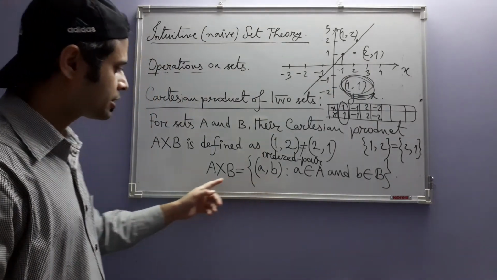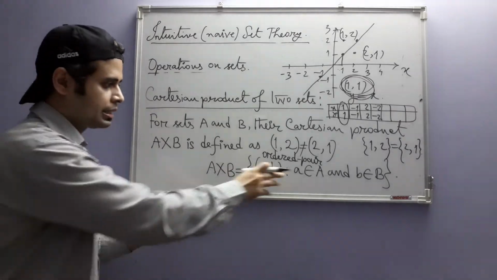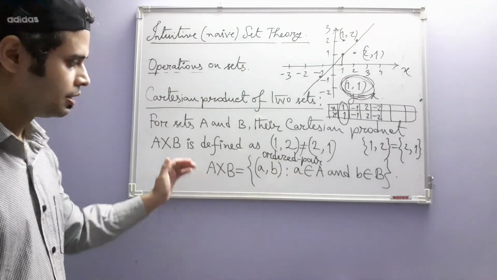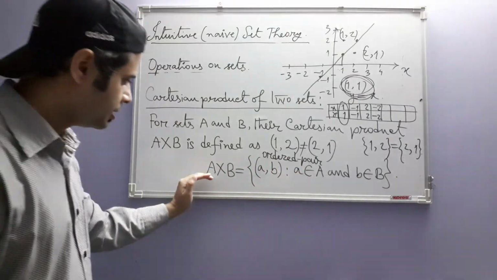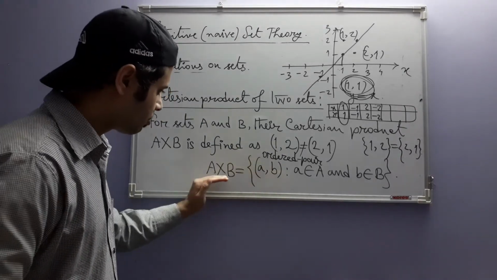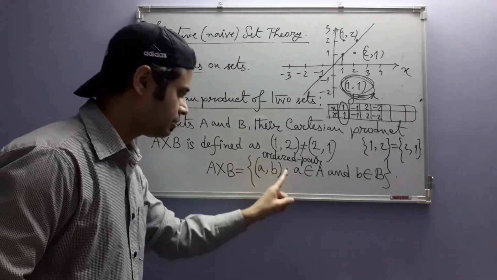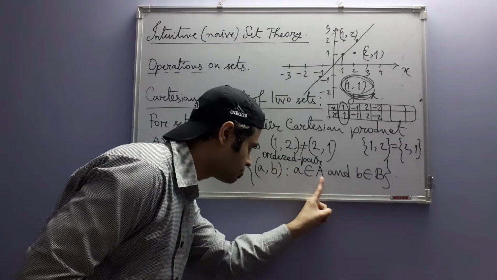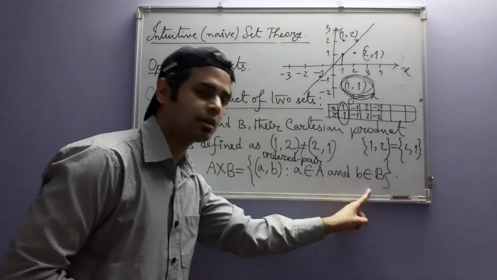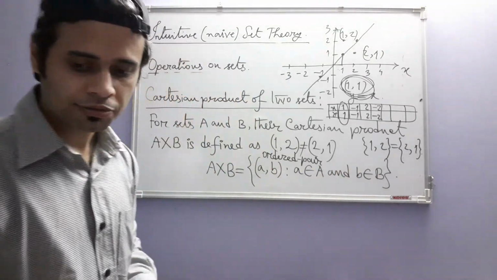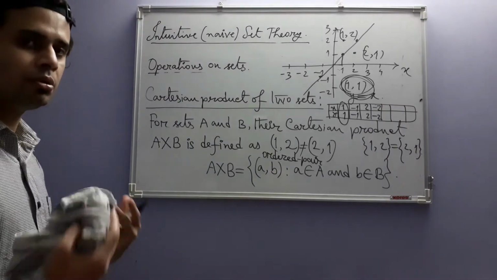Now this of course cannot be drawn as a graph because A and B can be any sets, but you get my idea. This is the set of all ordered pairs where the first coordinate comes from A and the second coordinate comes from B. Now if we take an example, it will be more clear.